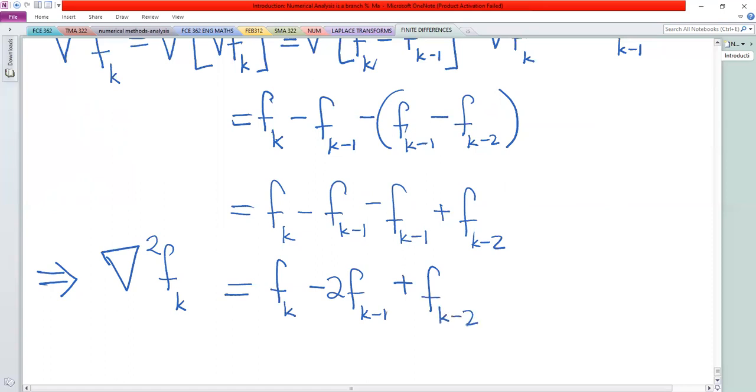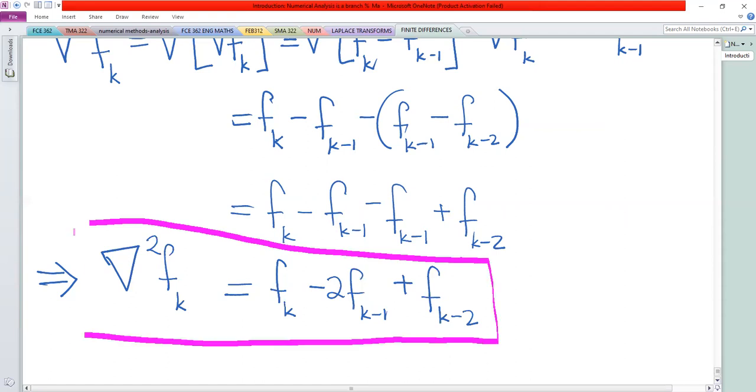So this is what we call the second backward difference.